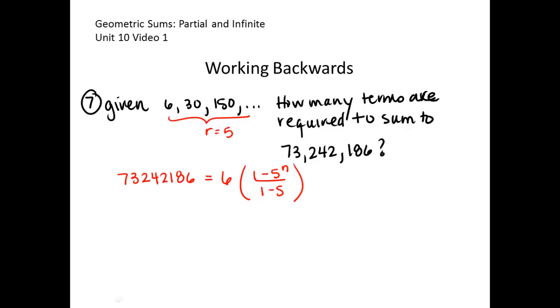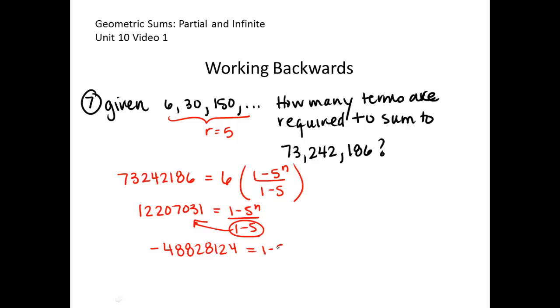I'm going to divide by 6. I'm going to multiply both sides by negative 4. I'm going to subtract 1 to the other side so that my negative 5 to the n is alone.